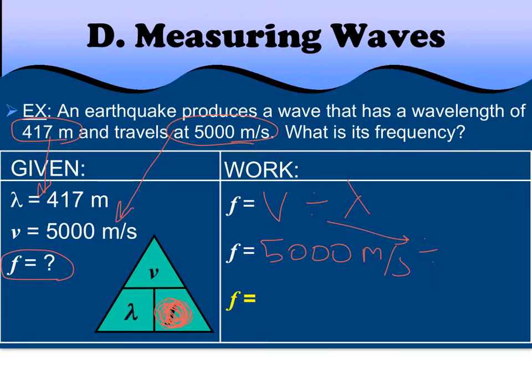We divide it by the wavelength, which is 417 meters. Remember, wavelength is the distance from the crest to the crest of the wave. So what did you get? The answer for the frequency in this problem is 12 hertz.